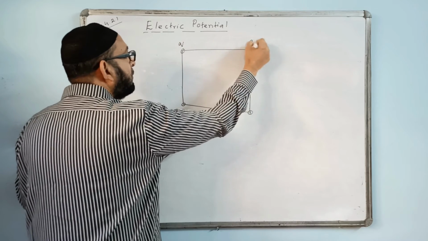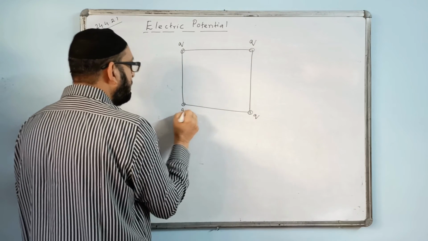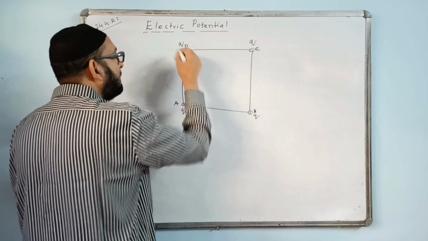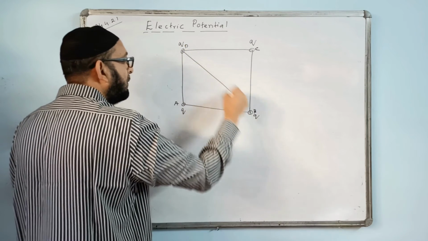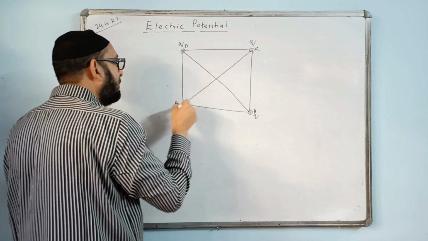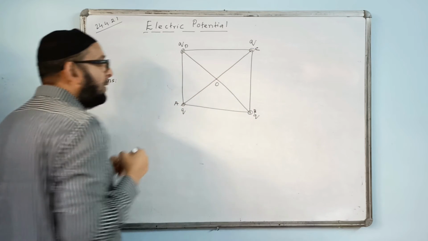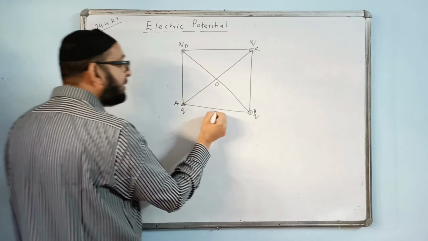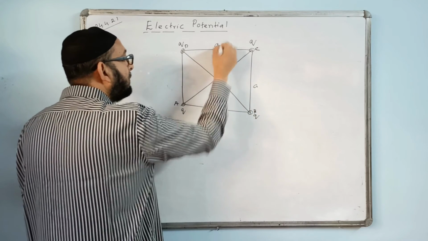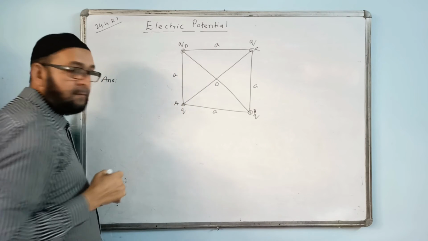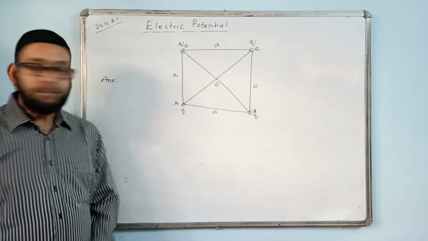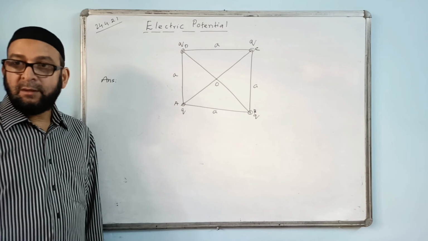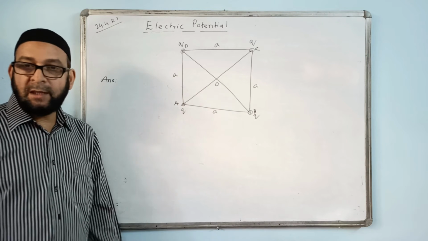Charge is Q, given at A, B, C, D. Side of the square is given as A. You have to find the electric potential at the point O, at the center of the square.